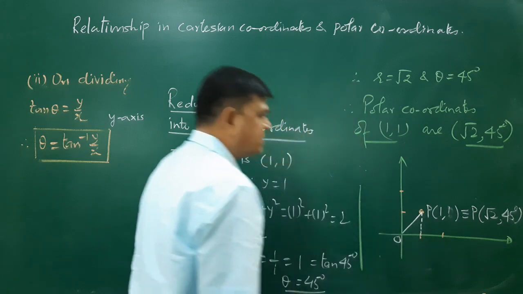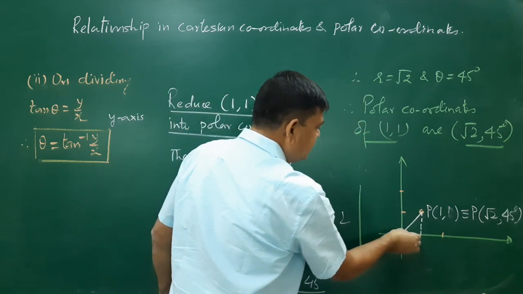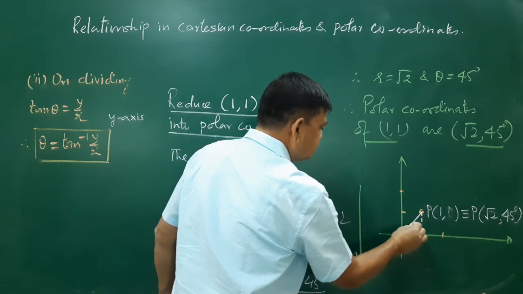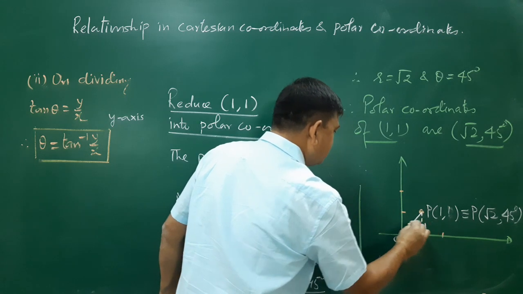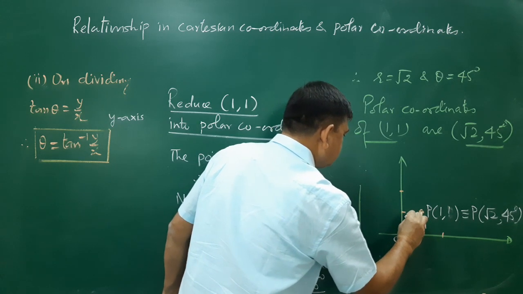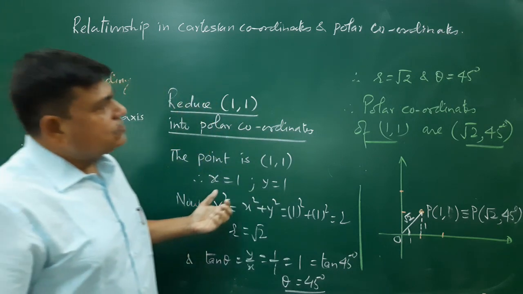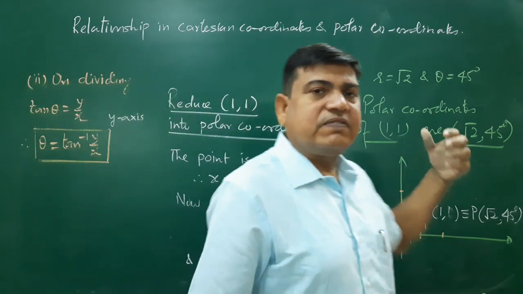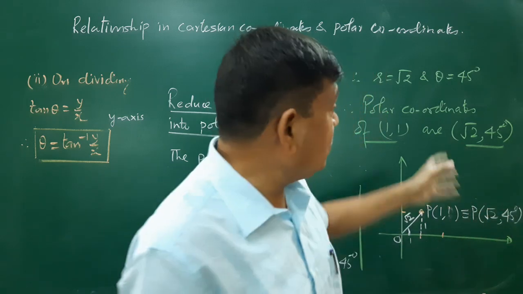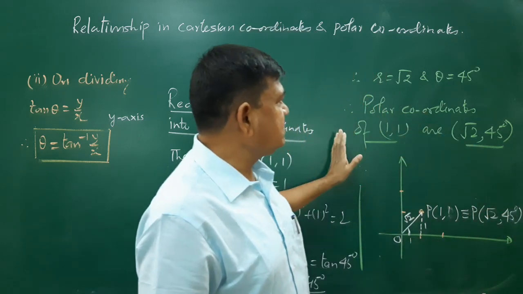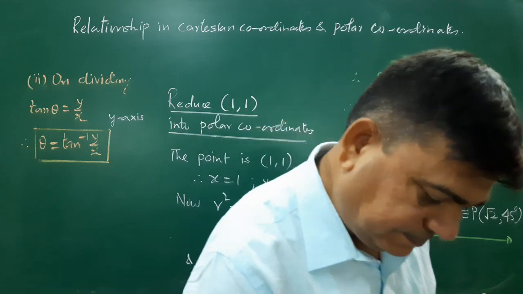You can see both are the same because this angle is 45 degrees and this distance is root 2. It is 1, and this is root 2. Okay, so if Cartesian coordinates are given, you can find the polar coordinates, and if polar coordinates are given, you can reduce them into Cartesian coordinates.